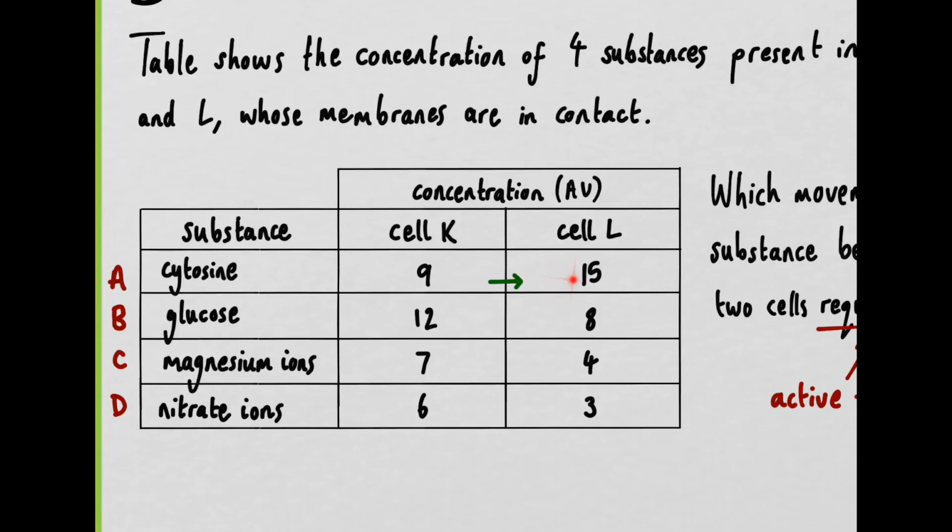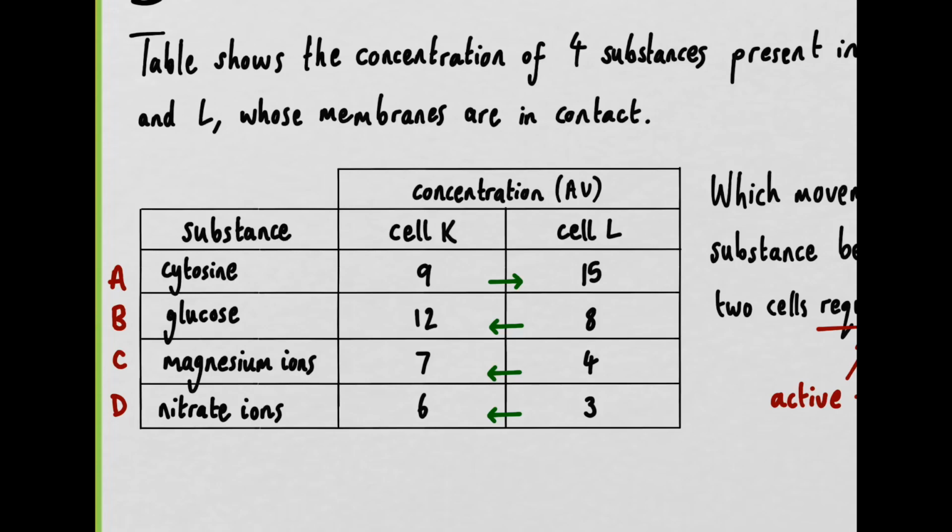So that's what active transport would look like, represented by the green arrow. Under normal diffusion it would go from K to L, but we're thinking about active transport, which is L to K. Again, with respect to magnesium, we can say against the concentration gradient would be in this direction, and the same can be said for nitrate ions.